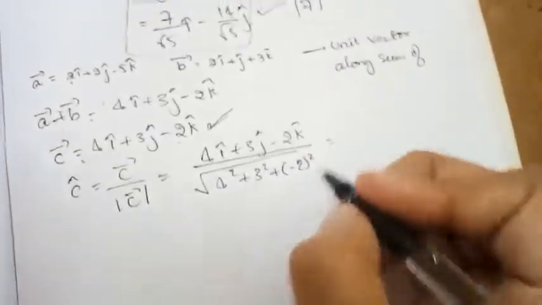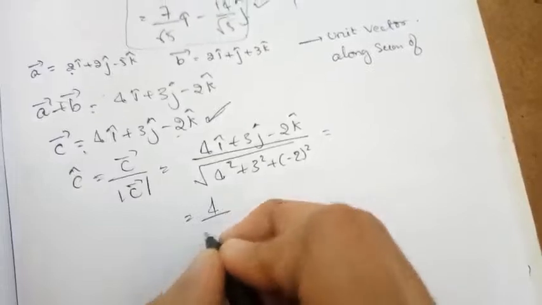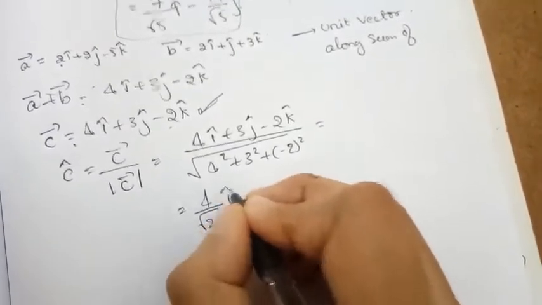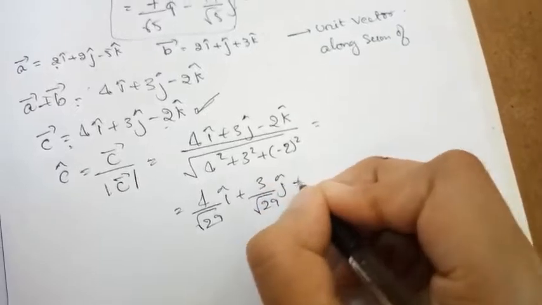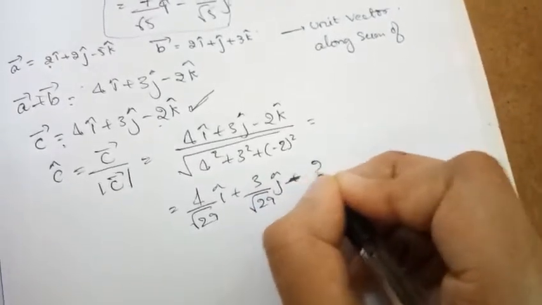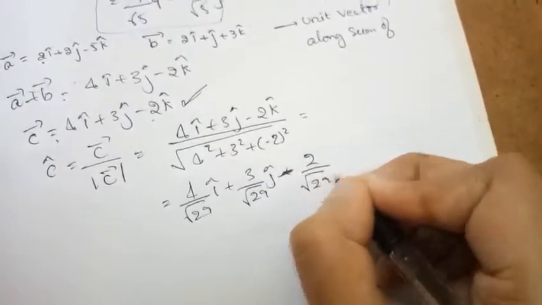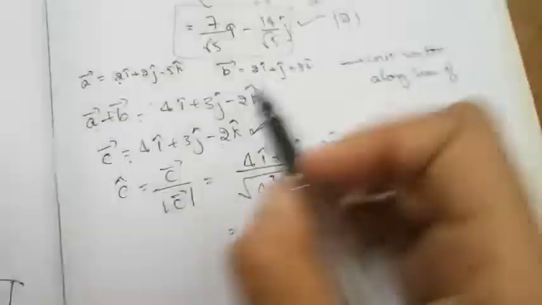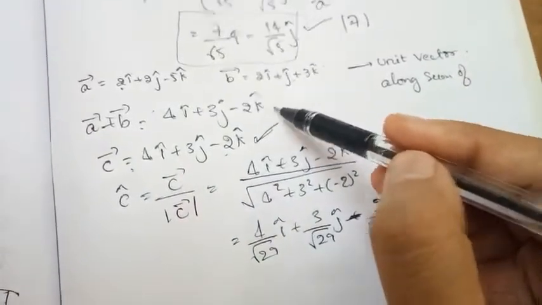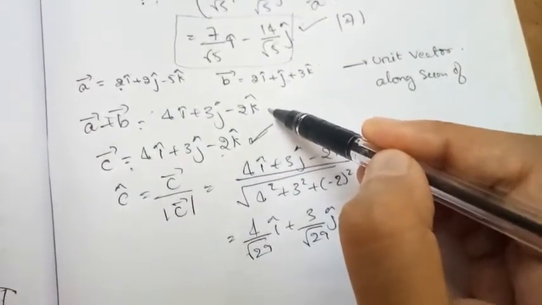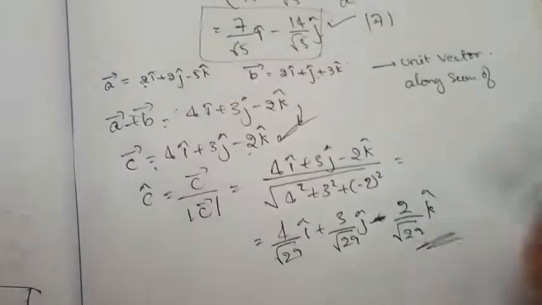So it is nothing but 4 by root 29 i cap plus 3 by root 29 j cap, sorry not plus, minus 2 by root 29 k cap. This is how we solve when they ask us to find the sum of two vectors, and along that sum vector we need to find the unit vector. This is how we are solving.